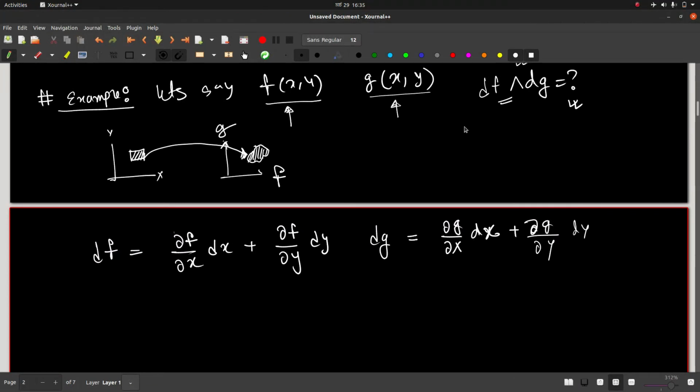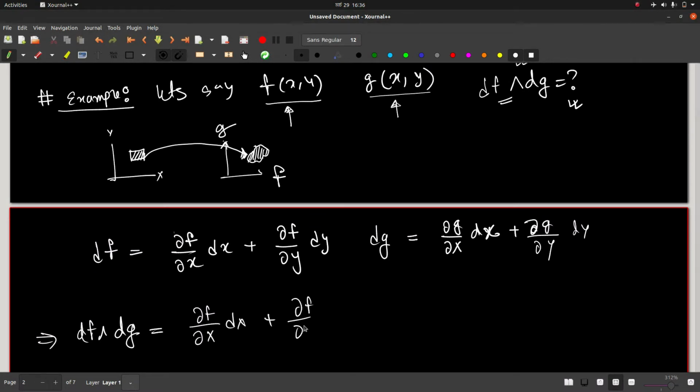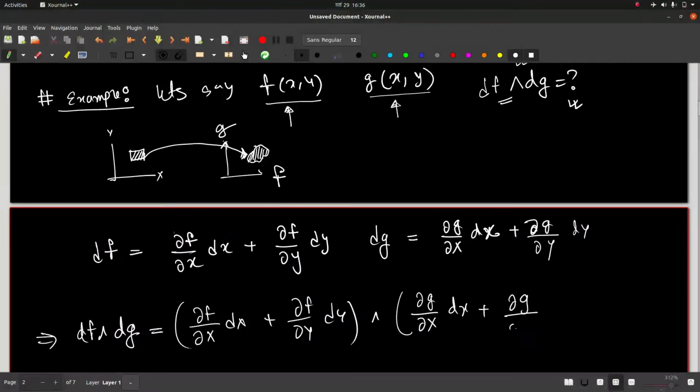And then you can easily compute the wedge product. How will you do it? This is just del f del x dx plus del f del y dy wedged with del g del x dx plus del g del y dy.